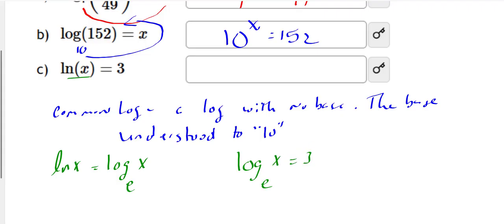What that allows me to do is say, okay, the base of the log is e. So I'm going to do my backward C, e to the 3 equals x. Anytime you see a natural log, rewrite it as log base e, and then you can convert it much easier.